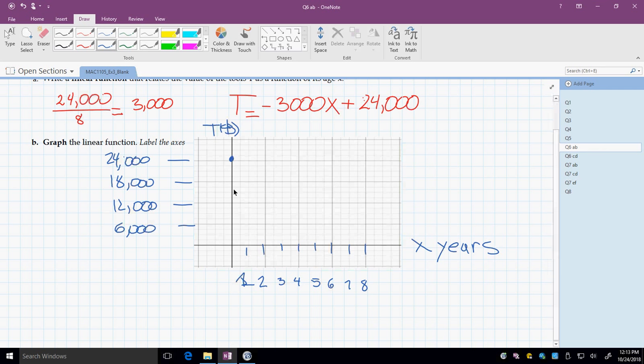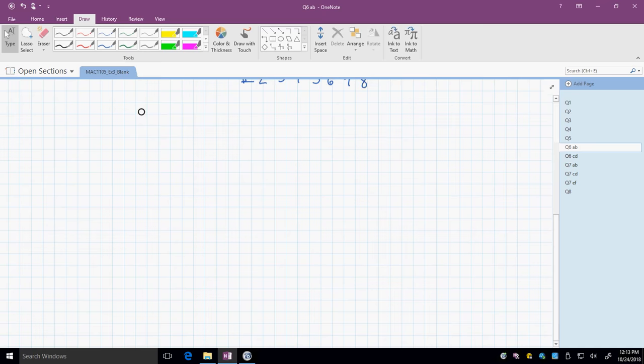And it's going to go all the way down until 8 years because that's the useful life for those tools.